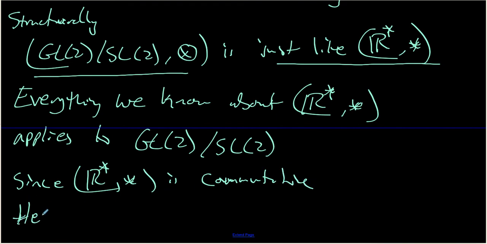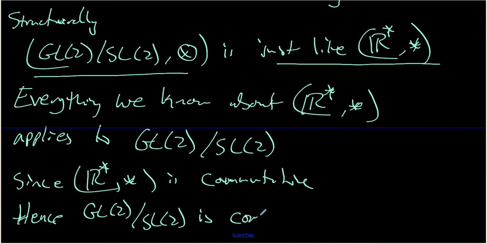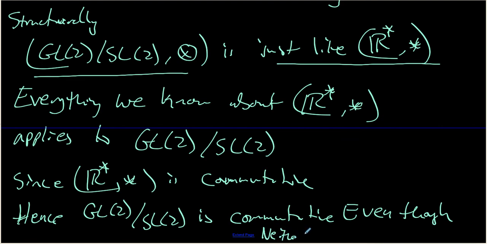Hence, we know that the quotient group GL2 mod SL2 is commutative, even though neither GL2 nor SL2 is. And that's a really important idea, that sometimes a quotient group of two non-abelian groups can be abelian. And that will be enough for this particular video.